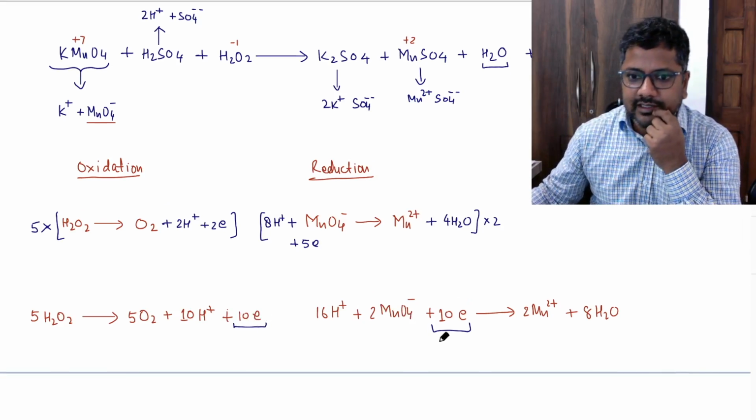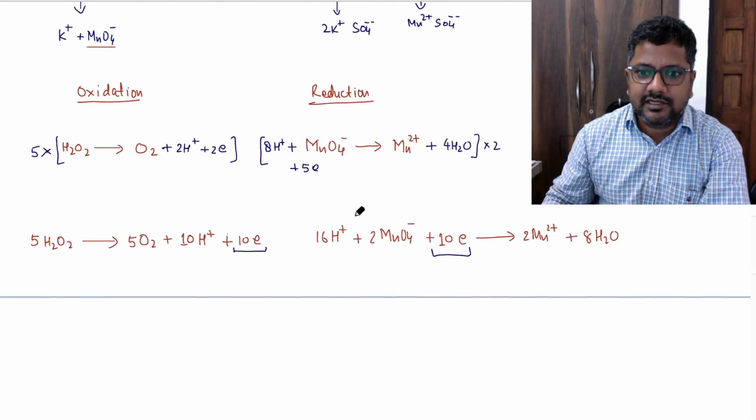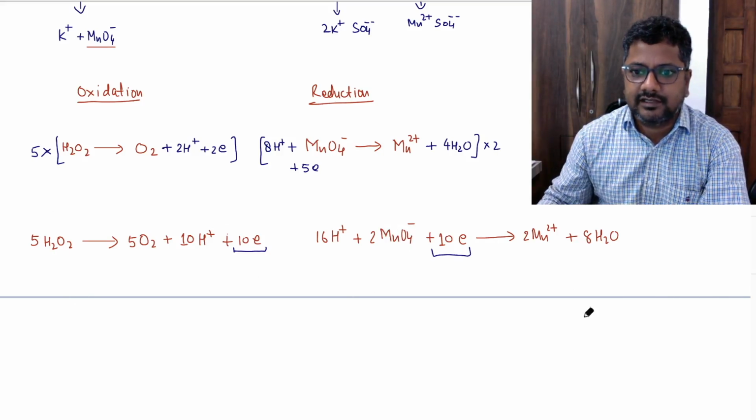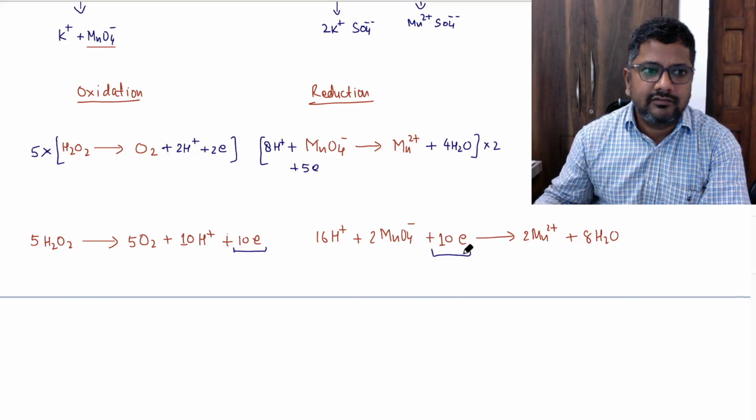So you can now add these equations, left hand side with left hand side, right hand side with right hand side. The electrons will be cancelled out.